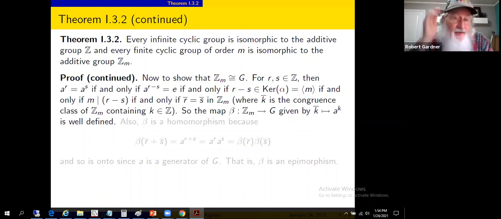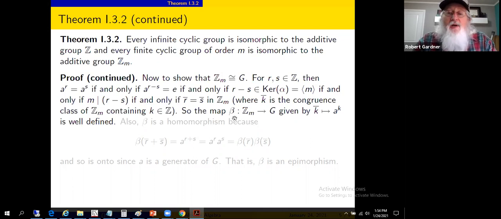And m divides r minus s if and only if the equivalence class containing r is the same as the equivalence class containing s in Z sub m. Remember, we use this bar to indicate equivalence classes or congruence classes in Z sub m in this setting. So r minus s divisible by m tells you r and s differ by a multiple of m. R and s are congruent modulo m, or this statement in terms of equivalence classes.